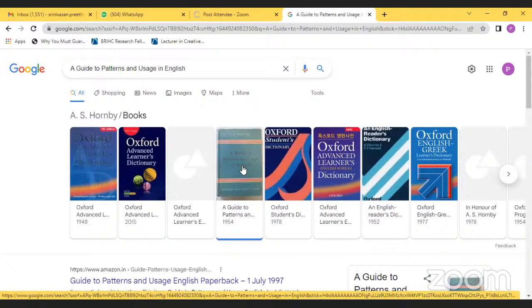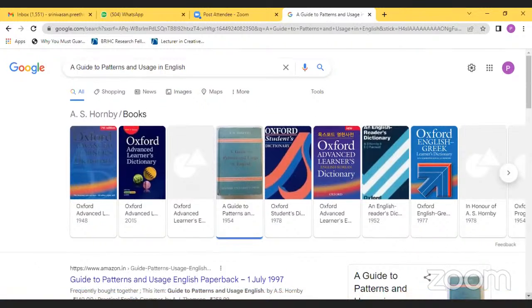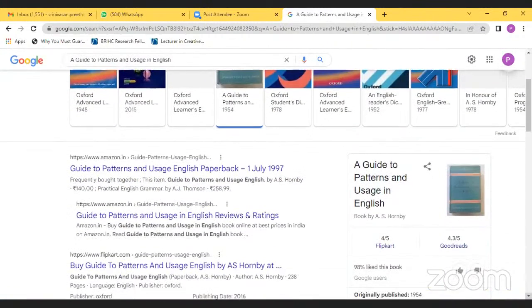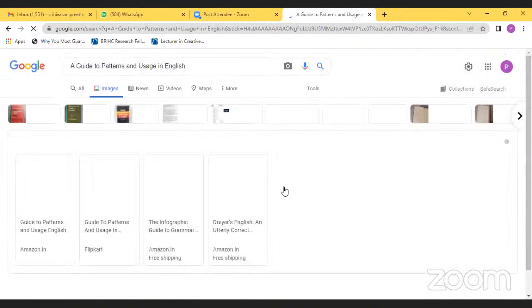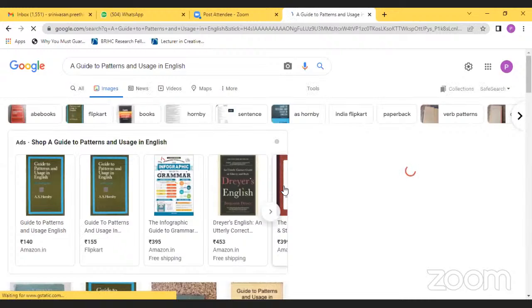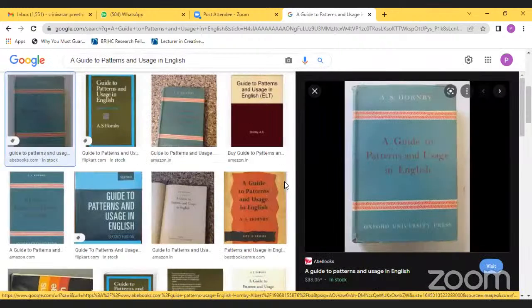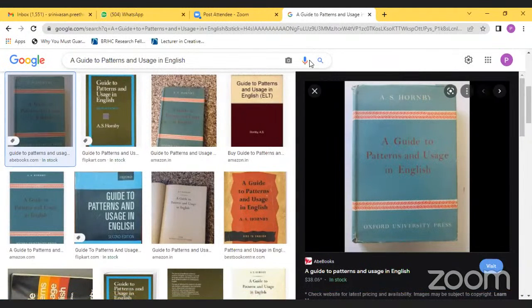So there's this important book, a grammar book, a guide to patterns and usage in English. I remember using that book, a very useful book, right? A guide to patterns and usage in English. A.S. Hornby.